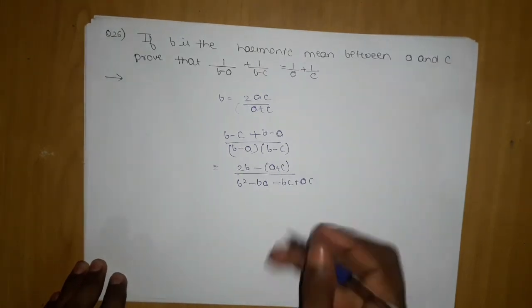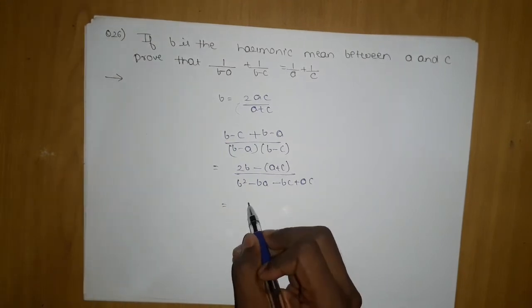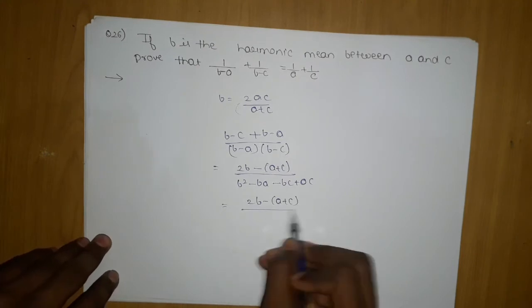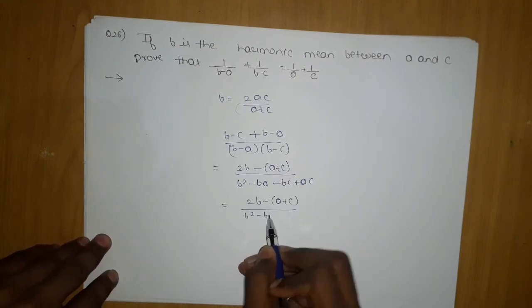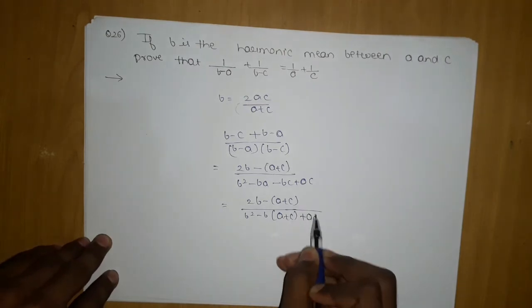After this, we can keep the numerator as it is, and a plus c we can create in the bottom also by taking minus b common. Here we have a plus c and plus ac.